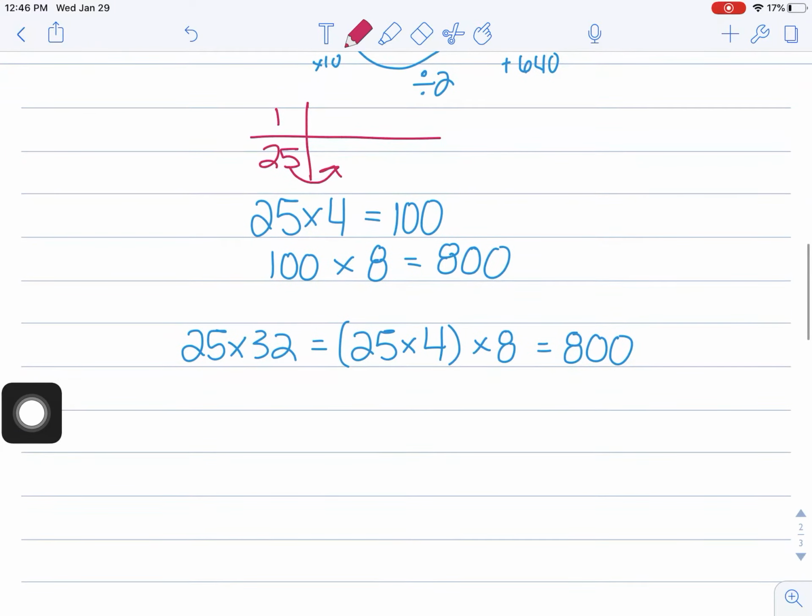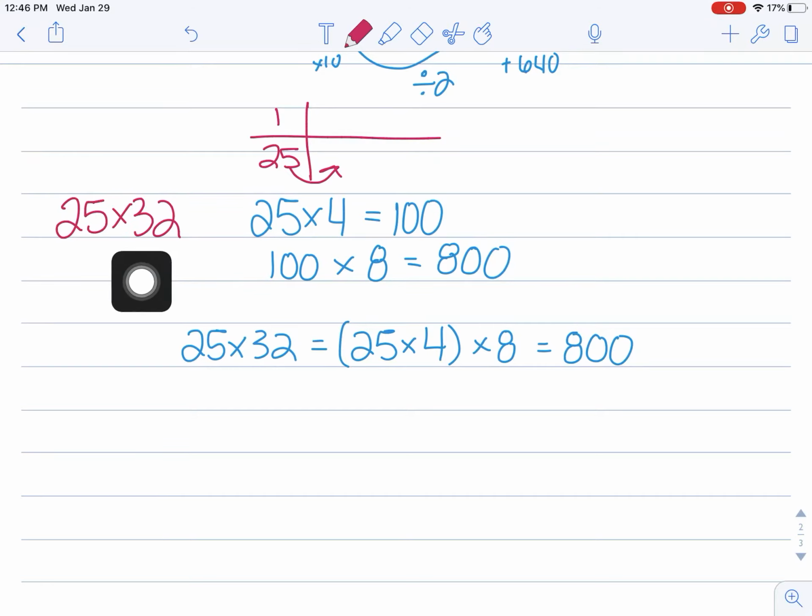As we continued on, another suggestion that we used to solve, which was a unique strategy but again very useful, was a numerical expression that could be written. So when considering 25 times 32, our original problem, we can look at that problem and say, to make this a little easier or more simplified for me, I know that 25 times 32 would be the same as 25 times 4, and then I multiply that by 8, which you'll see in this expression down here.